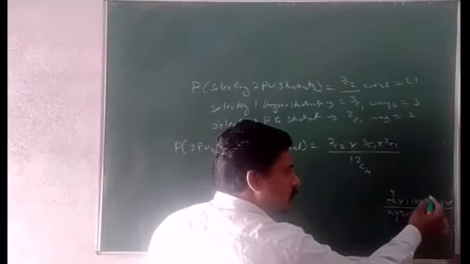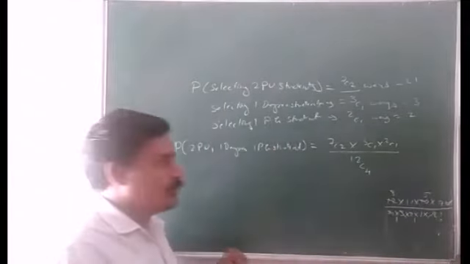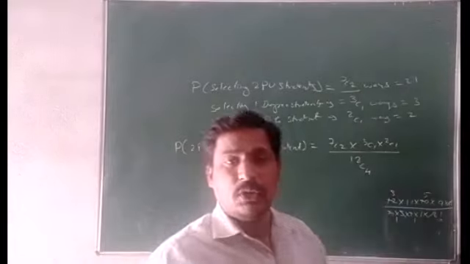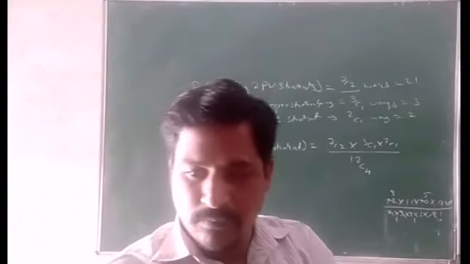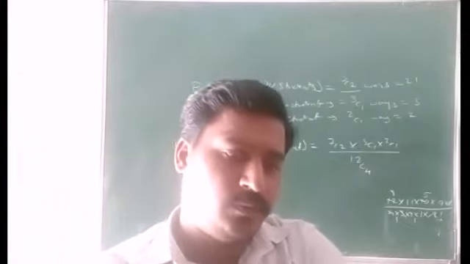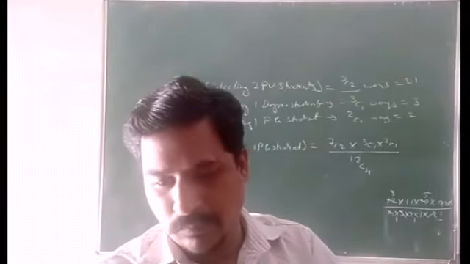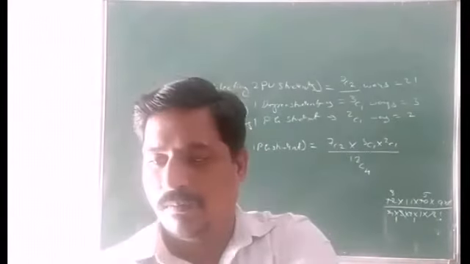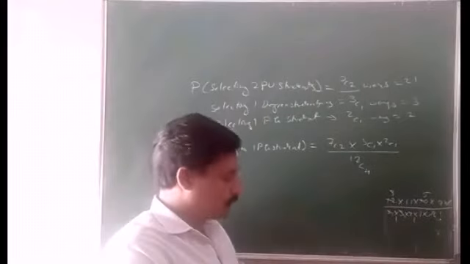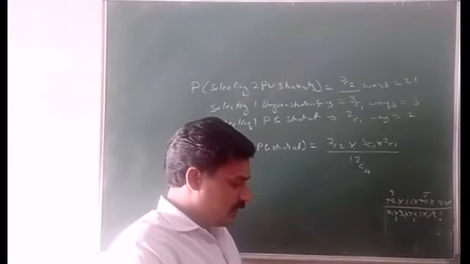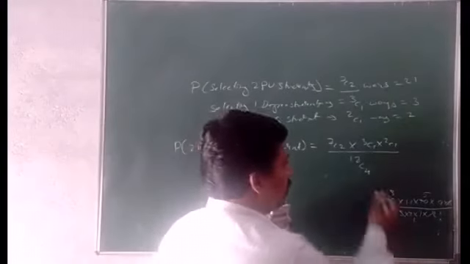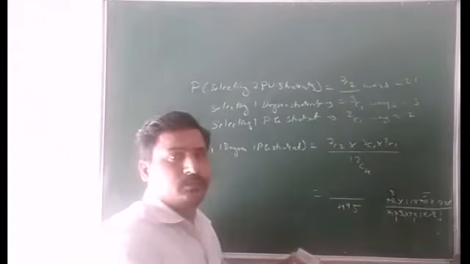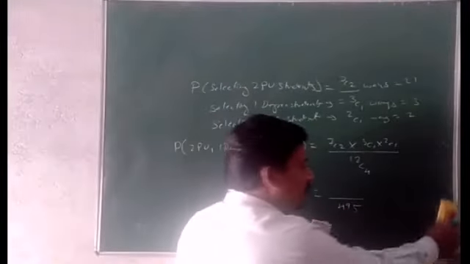So 2 ones are 2, 2 fives are 10. So 11 into 5, 55. 55 into 9, that is 495. So in 495 ways we can select 4 students here.